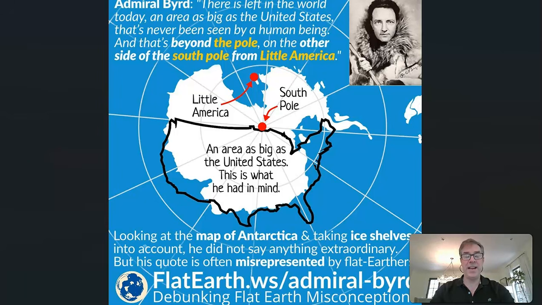And when you look at this quote from that perspective, it begins to make a lot of sense. There is left in the world today an area as big as the United States, again, 3 time zones of land that's never been seen by a human being. And that's beyond the pole. So what pole are we talking about? And on the other side of Little America.